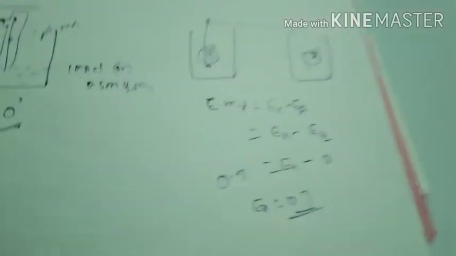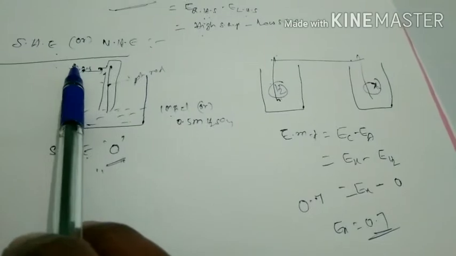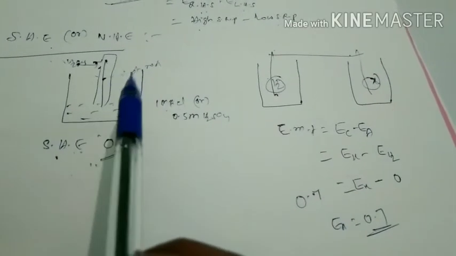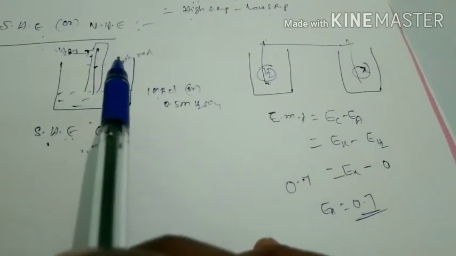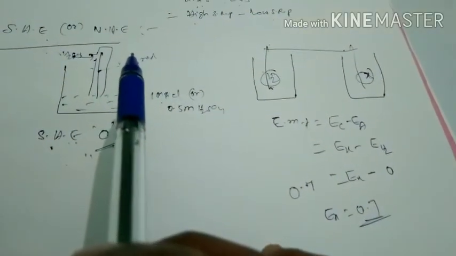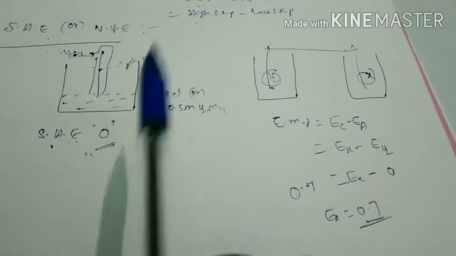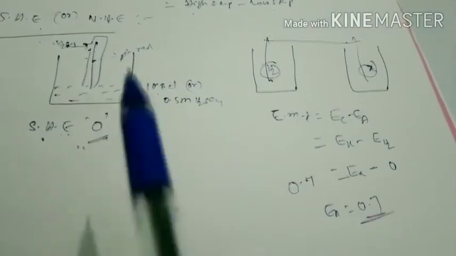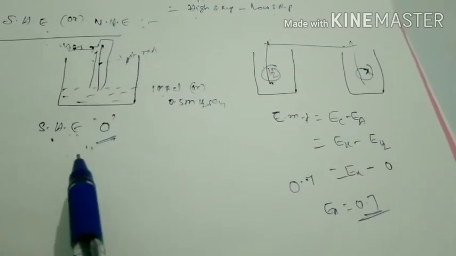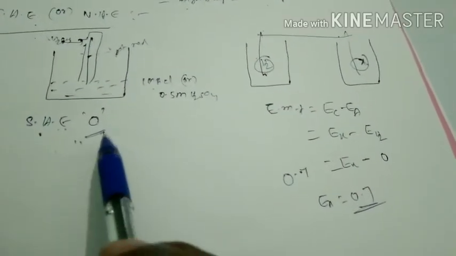I repeat once again. So what is the definition of SHE? When hydrogen gas is passed through a glass tube containing a platinum rod which is dipped into 1M HCl or 0.5M H2SO4 solution, then the potential exhibited by the hydrogen gas is called standard hydrogen electrode potential. The standard hydrogen electrode potential is assumed to be how much? 0.